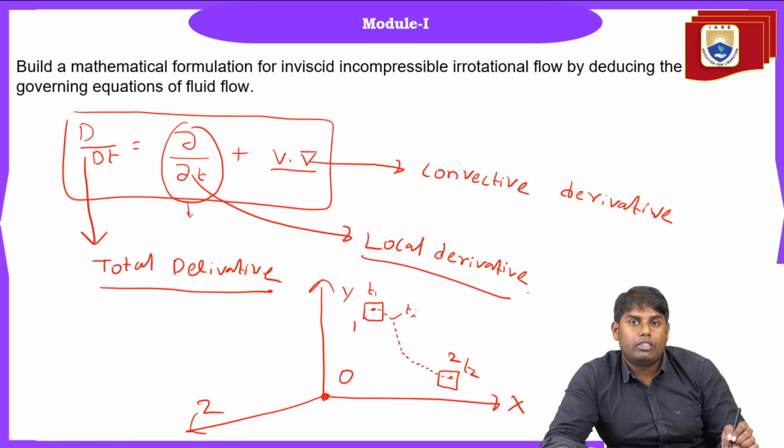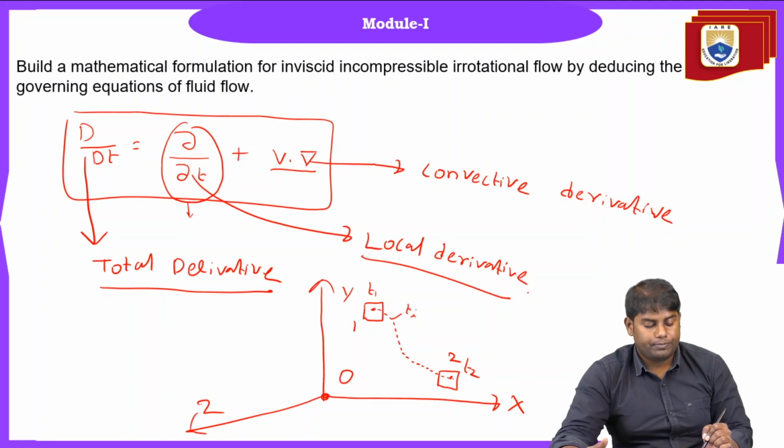The combination of the local acceleration plus the convective acceleration gives the total acceleration, or you can say the total derivative is the combination of the local derivative and the convective derivative, as the particle moves from point 1 to 2. So this is what happens.